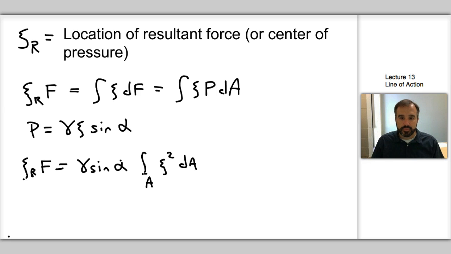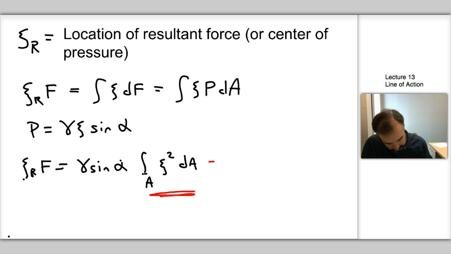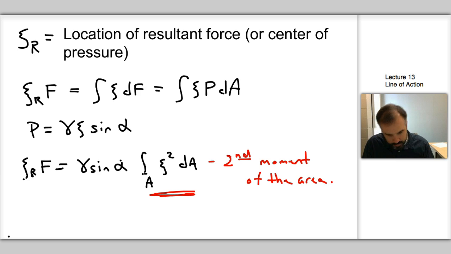Just like in our previous video on the hydrostatic pressure on a planar surface, from our statics we now have an expression for this term, and this is the second moment of the area.